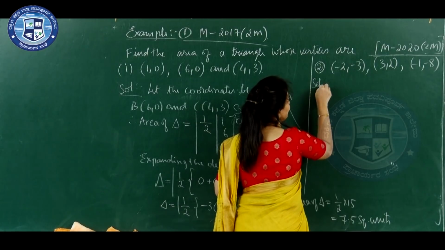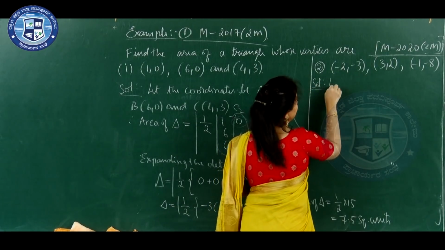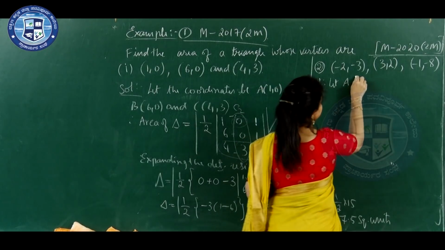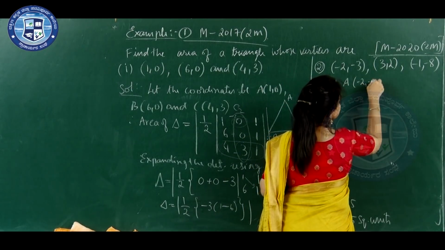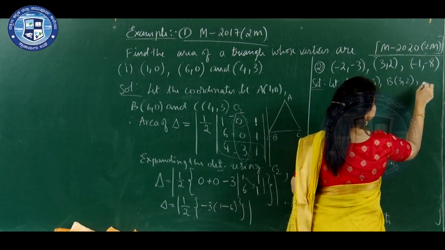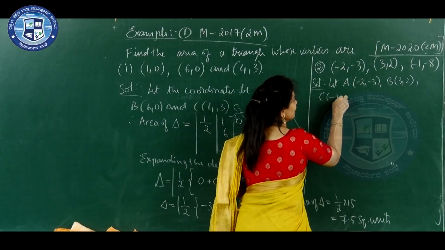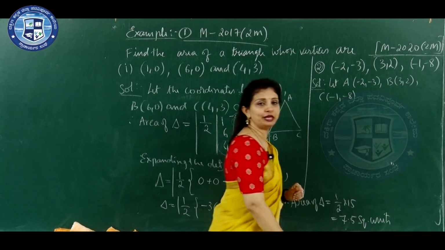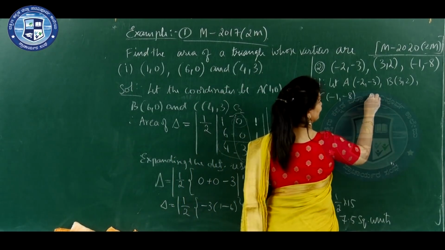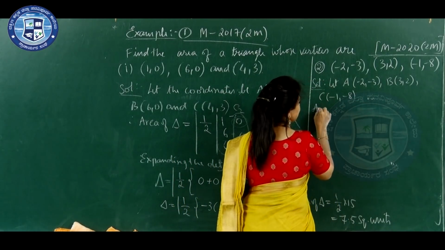To find the area of the triangle using determinant, let A be minus 2, minus 3, B be 3, 2 and C be minus 1, minus 8, the coordinates of the three points A, B, C.